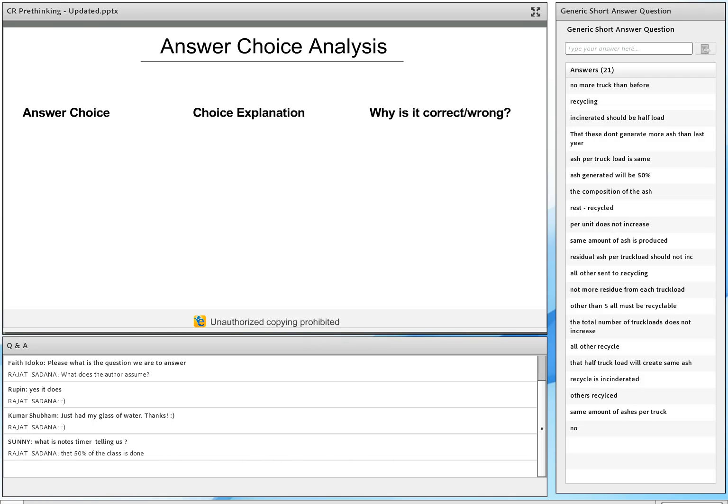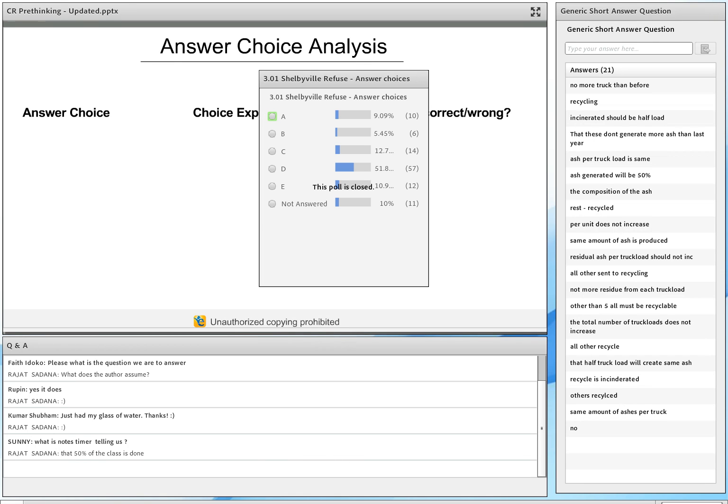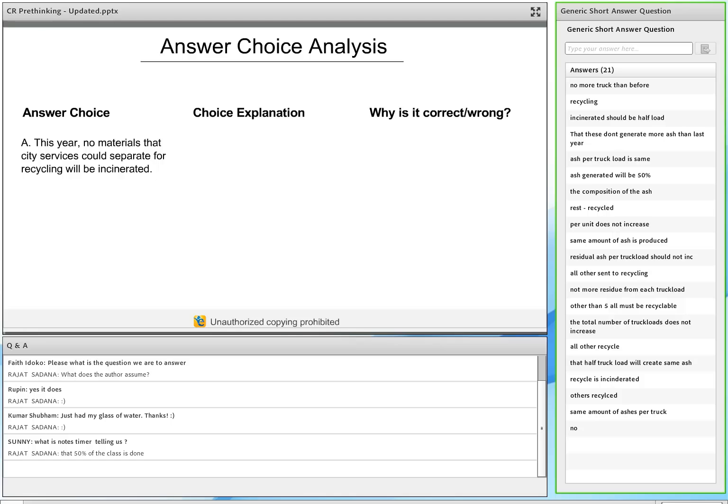And 52% of you got the correct answer, which is really, really good. Choice A is one of the few official questions in which you have an answer choice which gives the same information that is given in the argument.